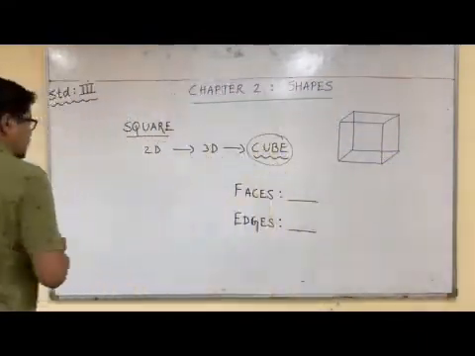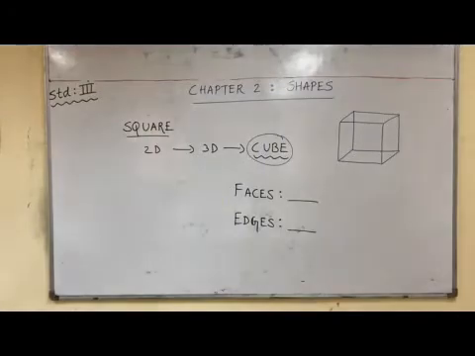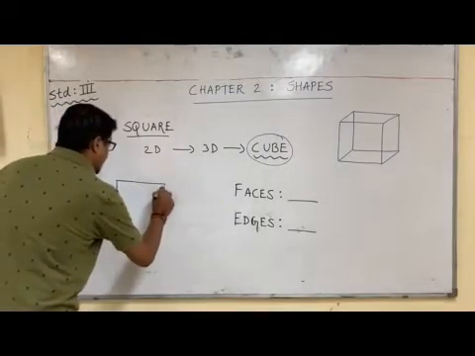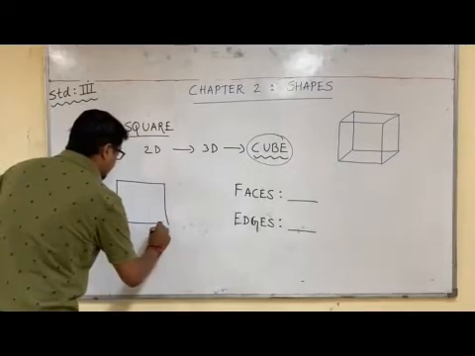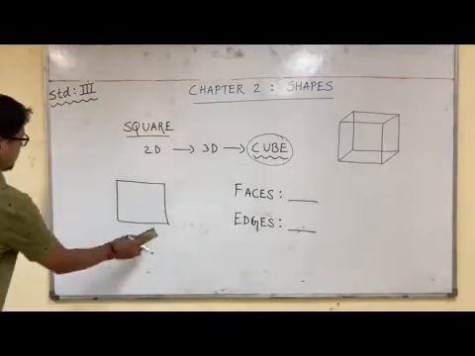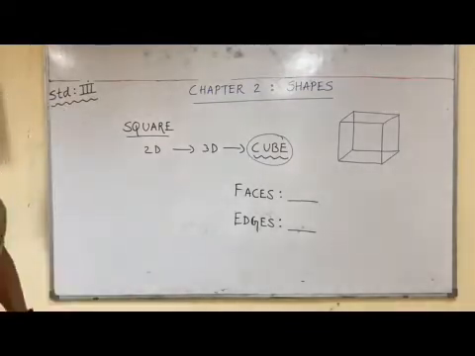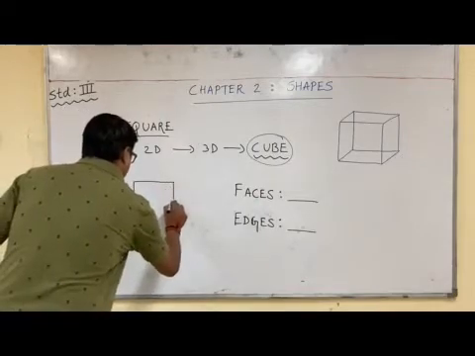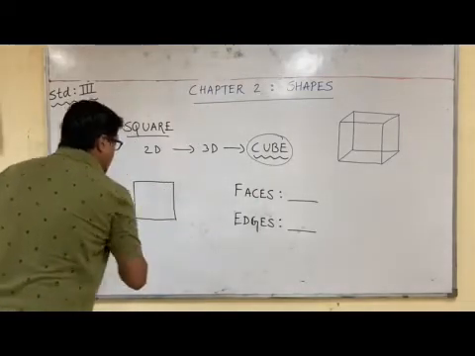I will draw here once more so that all students have a better idea. This time let us draw with black so that all can see. I have drawn a square, correct? Let me draw it little smaller because it is not looking proper. So I have drawn a square.